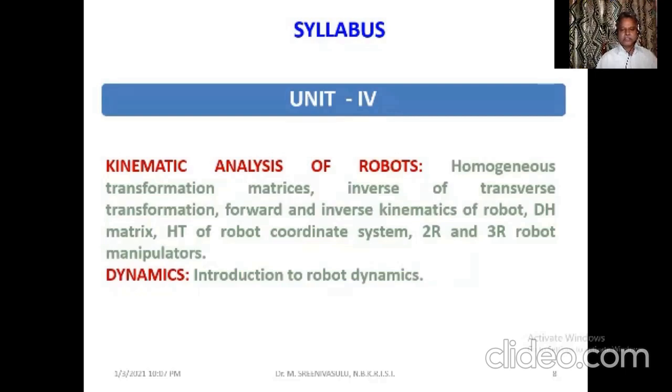So this is a very, very important matrix using which you can extend your analysis for multiple degrees of freedom, because it is easy for us to understand for 2 degrees of freedom and 3 degrees of freedom robot manipulator. Beyond that, if you try to deal, it's not going to be that easy. So handling those situations has become easy with the support of DH matrix.